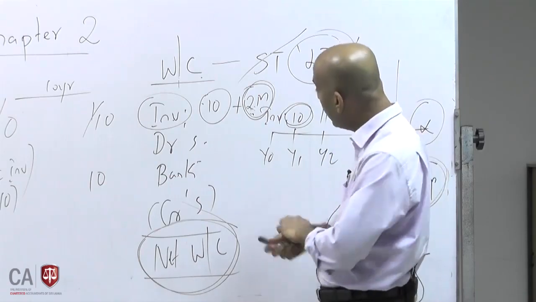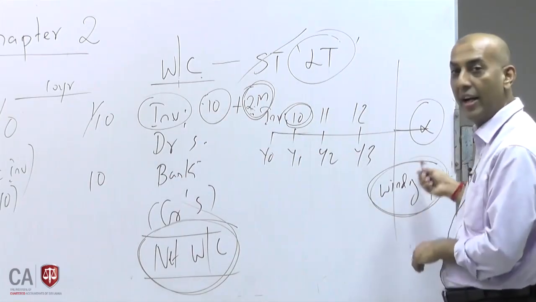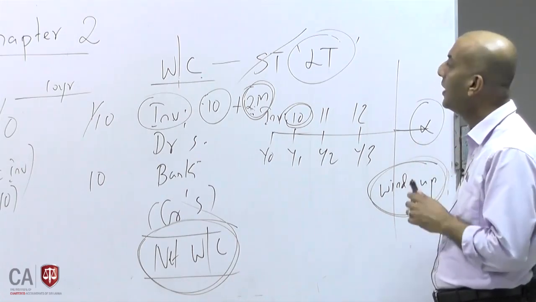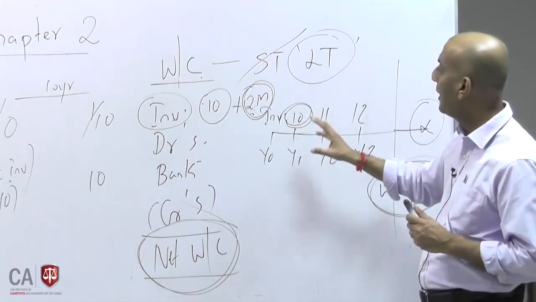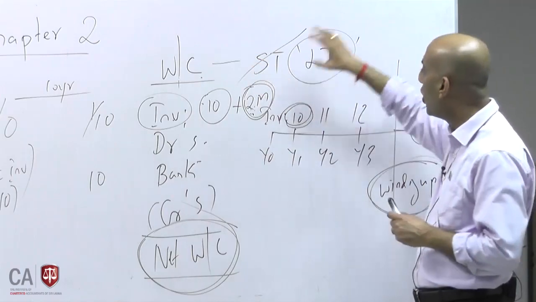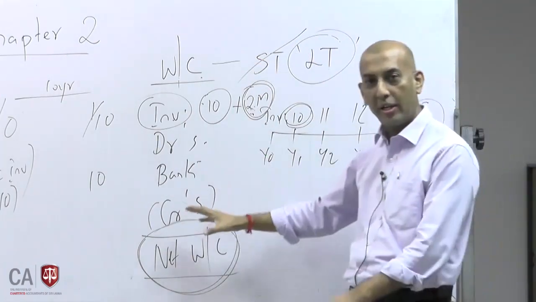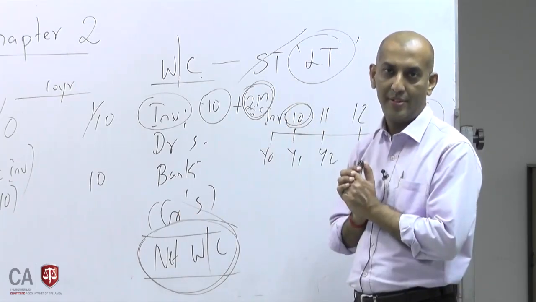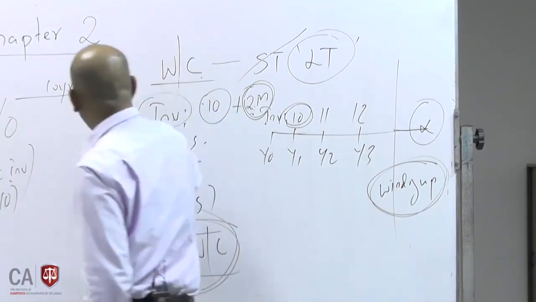Other working capital continues till the infinite period or the winding up point. So this is the knowledge you should carry from financial management. Working capital is not a short term thing, it's a long term thing. It has a small portion which could be short term, as I mentioned, for seasonal reasons. Okay, so that's some additional knowledge on working capital.